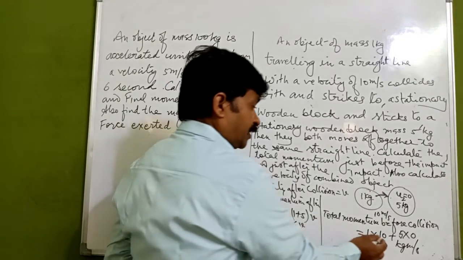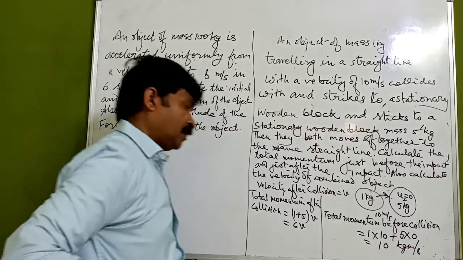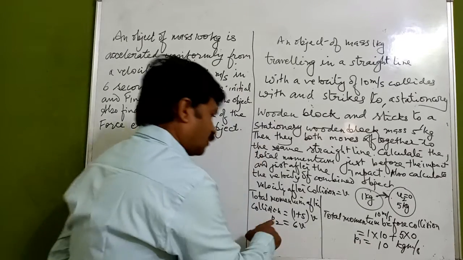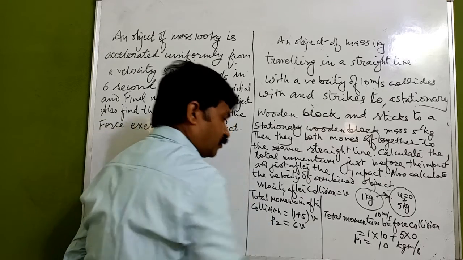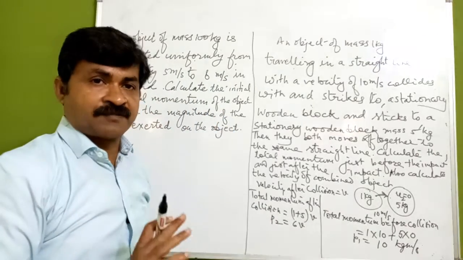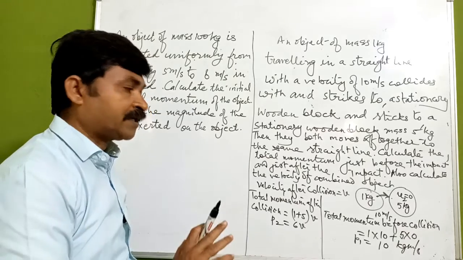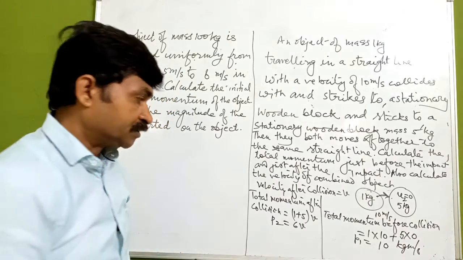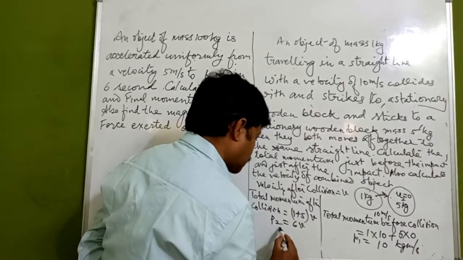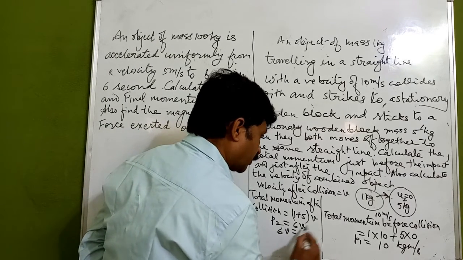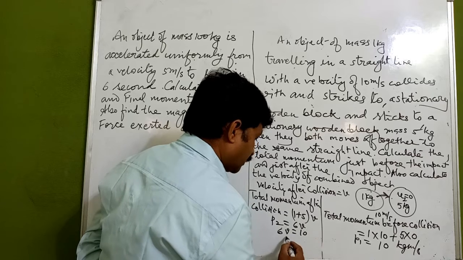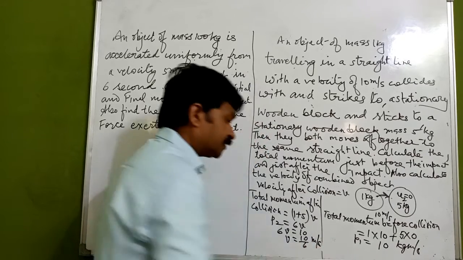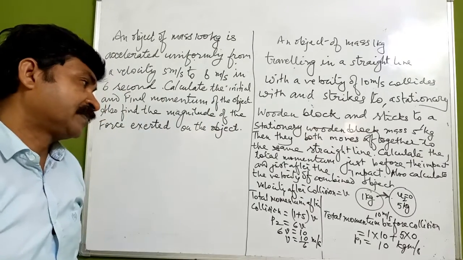This is the momentum after collision, and this is before collision. From the law of conservation of momentum, we know that the momentum before collision is equal to the momentum after collision. So 6 into v is equal to 10. So we get v equal to 10 upon 6 meter per second. This is the velocity which we get.